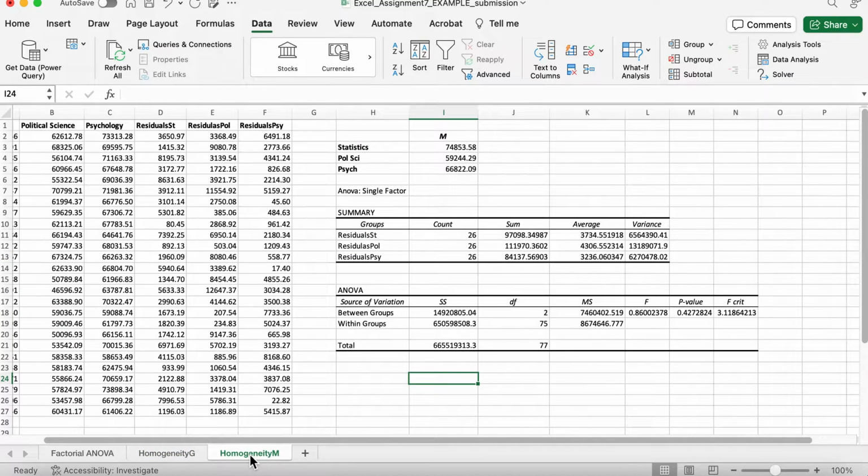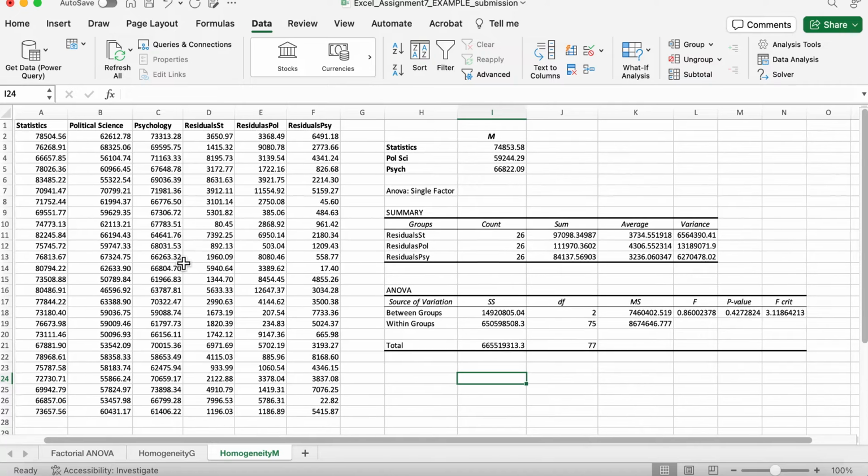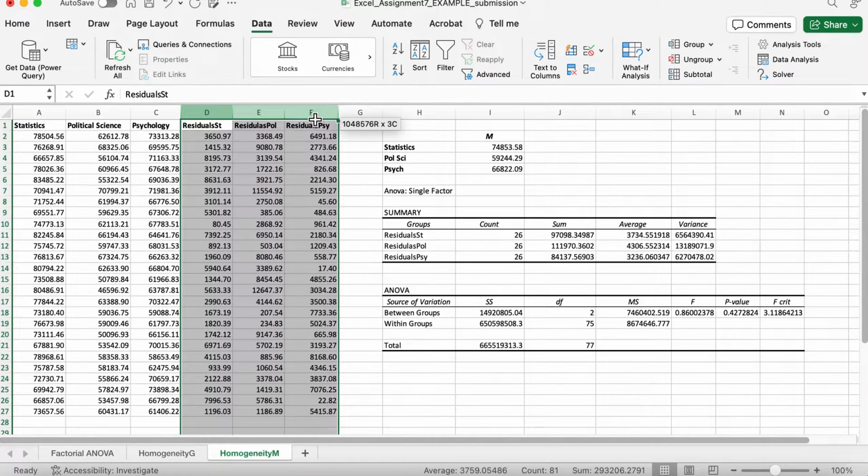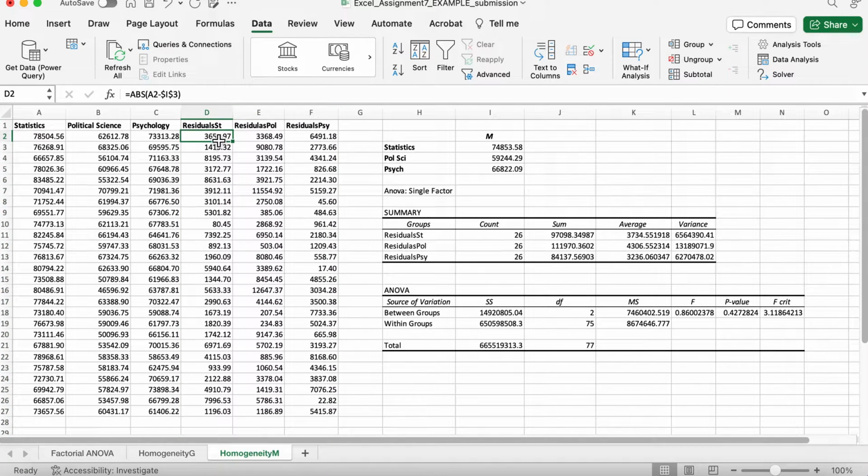So now we need to check major. Major has 3 groups, but we follow the same procedure for the most part. The residuals you'll have to fill out, and this will be the absolute value of the score minus the mean, and I calculated the means by using the average formula.